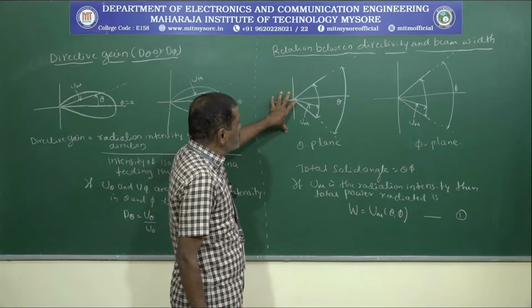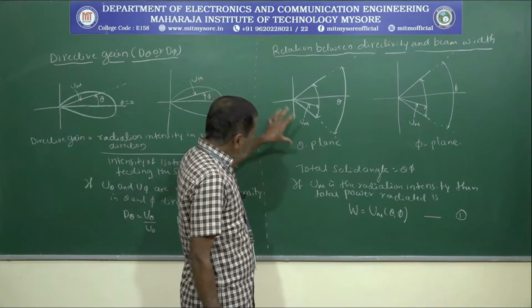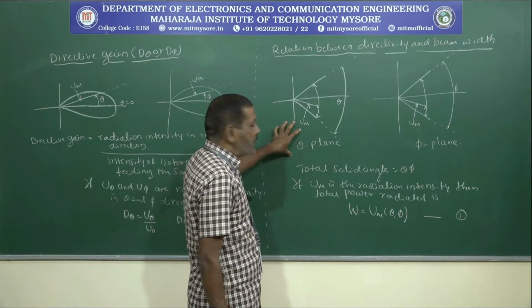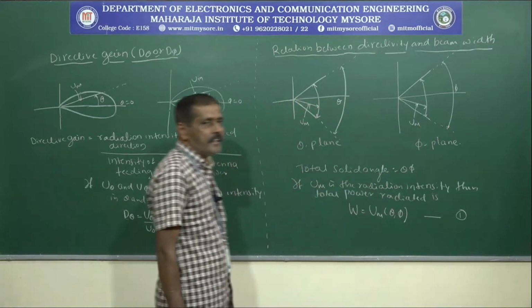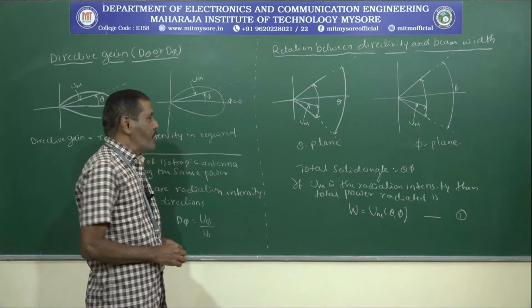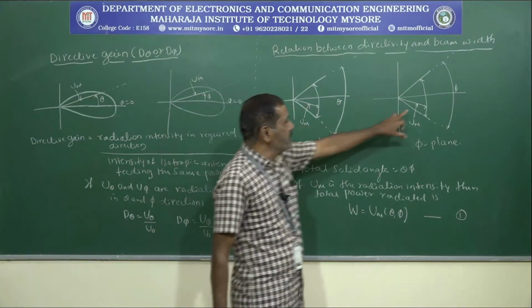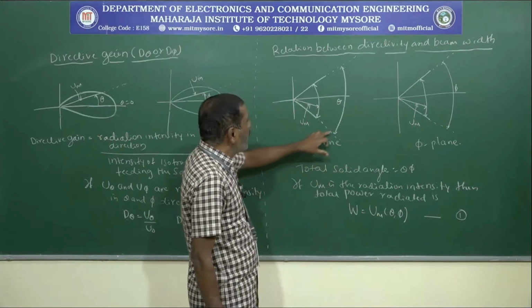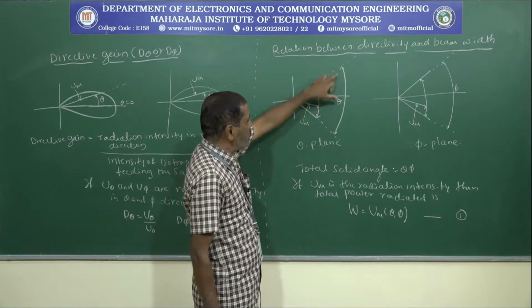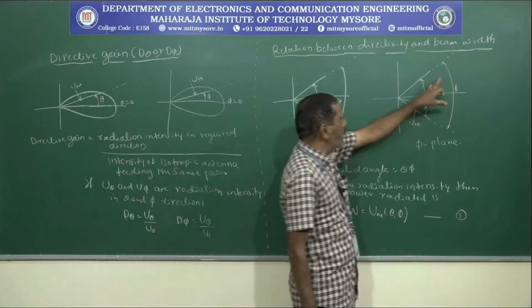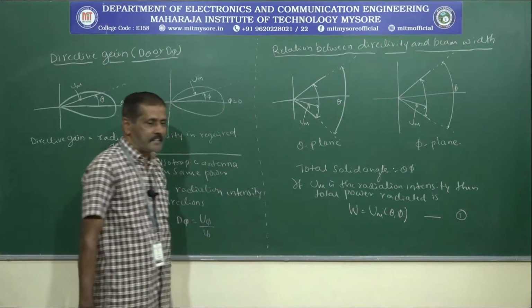Now, this is the radiation pattern of your antenna in the theta plane, and this is the radiation intensity of your antenna in the horizontal plane. And this is the maximum radiation intensity, and this is the maximum radiation intensity, and this is the angle in the vertical direction, and this is the angle in the horizontal direction.